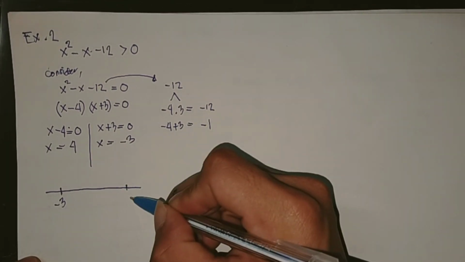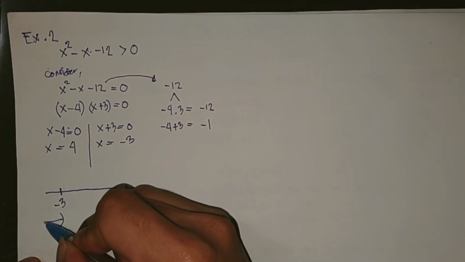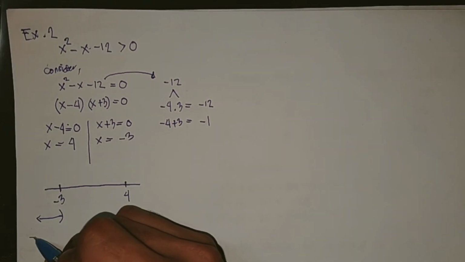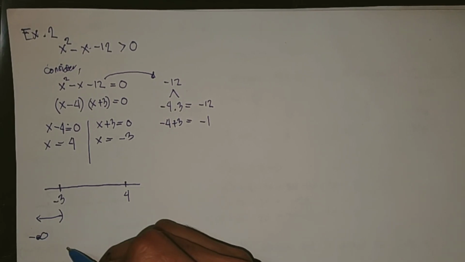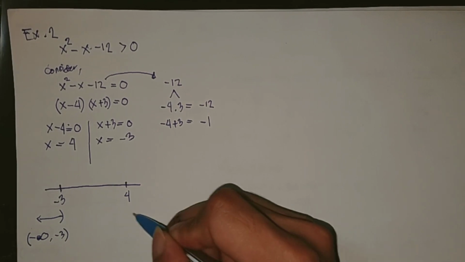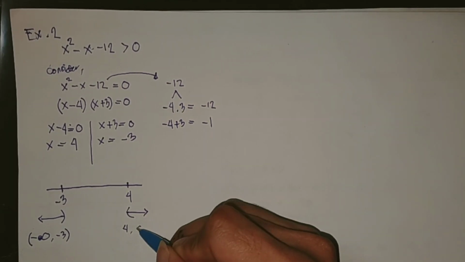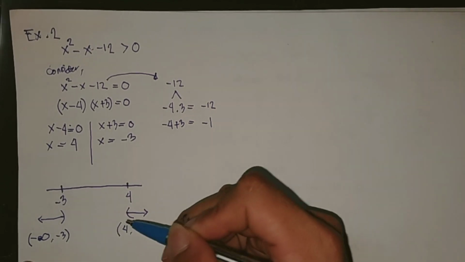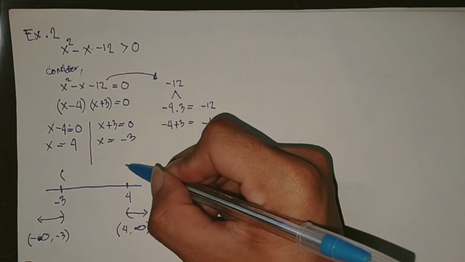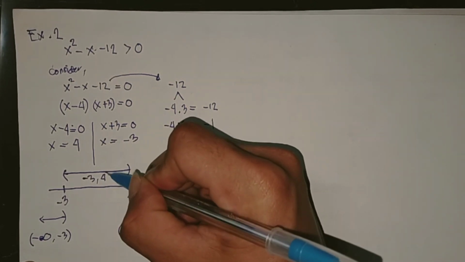We have negative 3 and positive 4. We have an interval of negative infinity to negative 3, an interval of positive 4 to positive infinity, and an interval of negative 3 to positive 4.